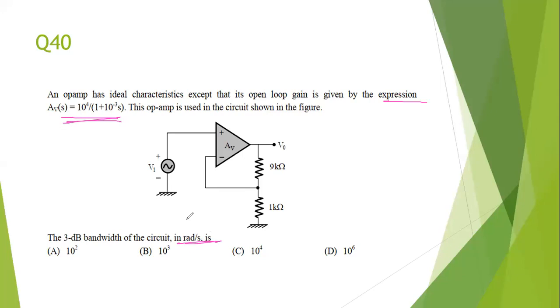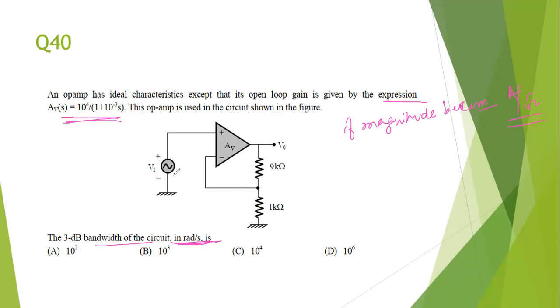If the magnitude becomes A by root 2 times, then that frequency represents the 3 dB bandwidth.